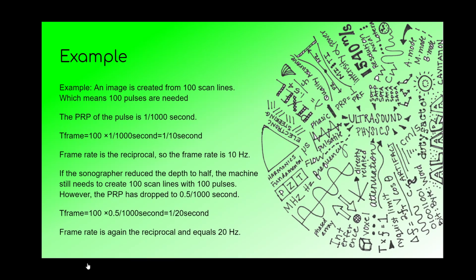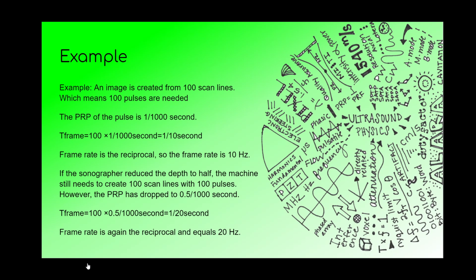So here is another example, showing us again how the pulse repetition period is going to affect our temporal resolution. The first example tells us that an image is created from 100 scan lines. Because it has 100 scan lines, that means 100 pulses need to be sent out, assuming there's only one focus per scan line.